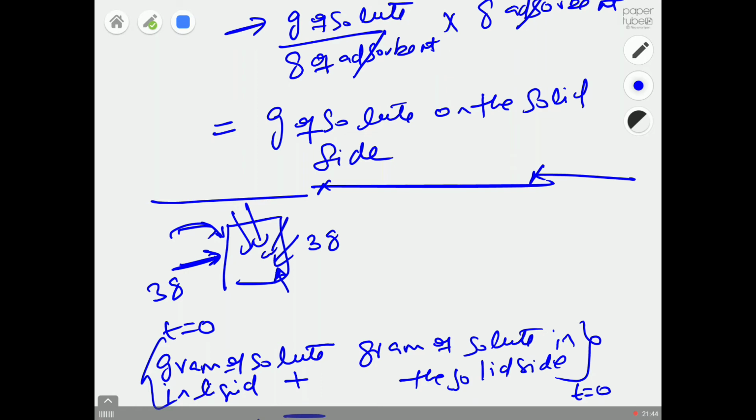So we can substitute the formulas we know so far.